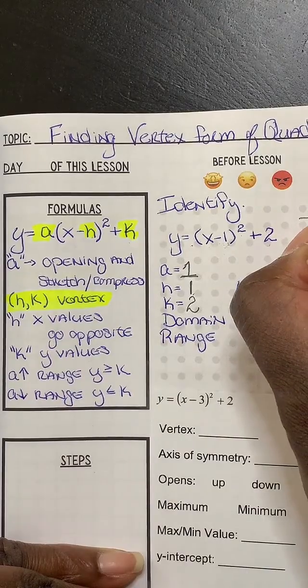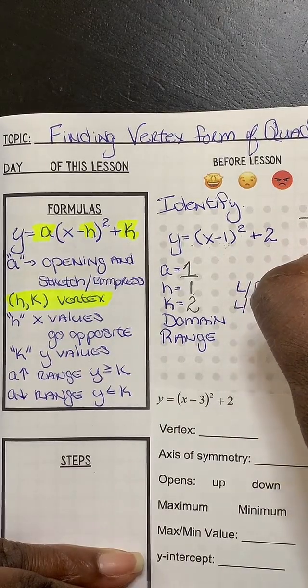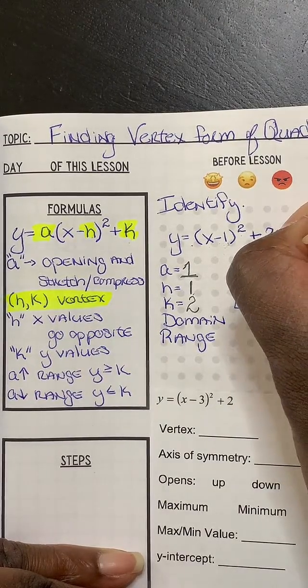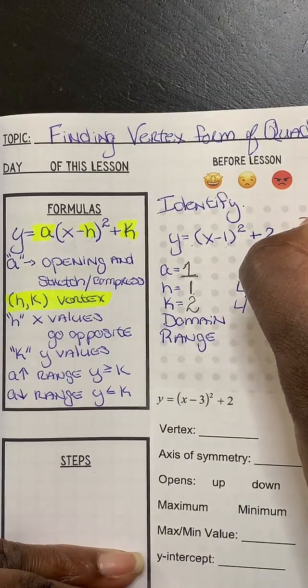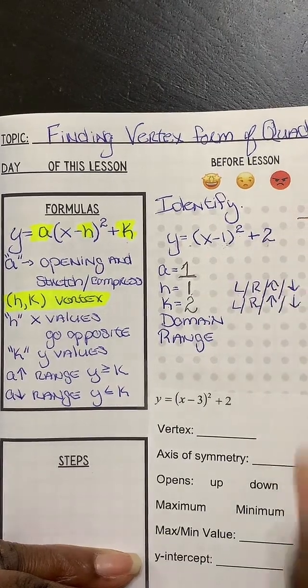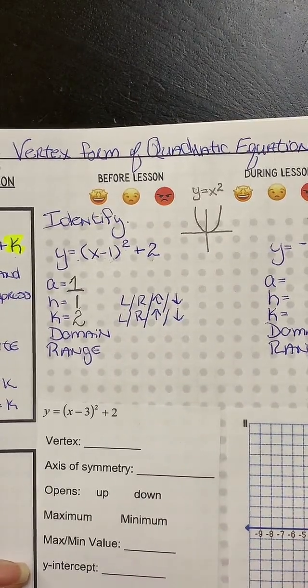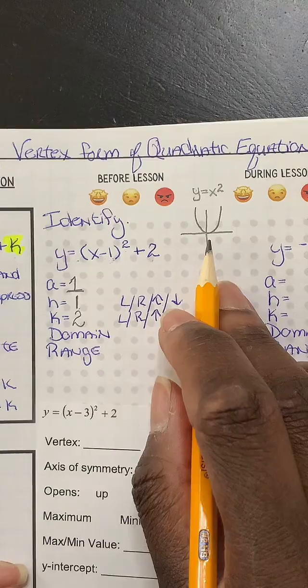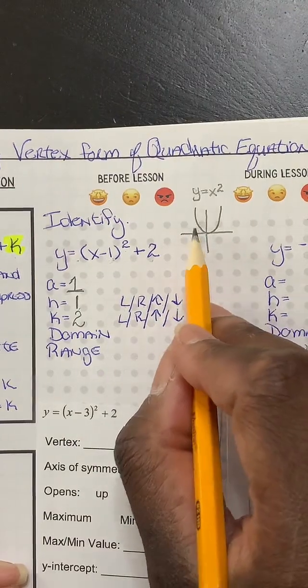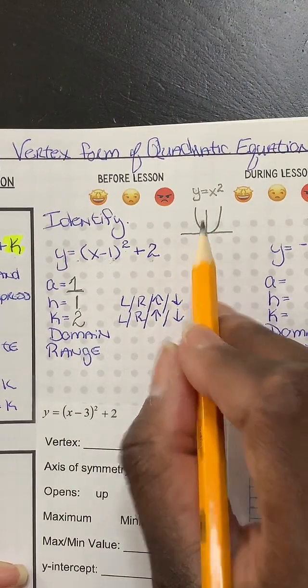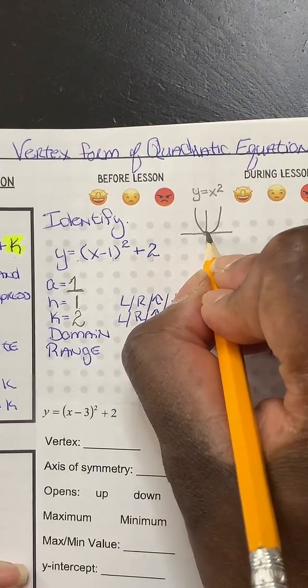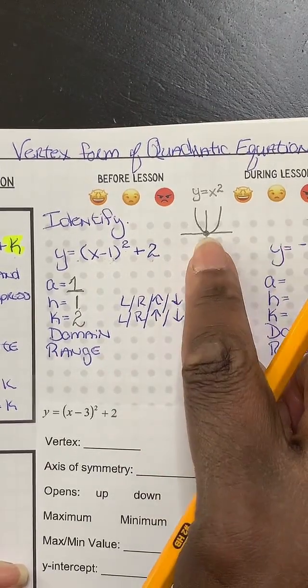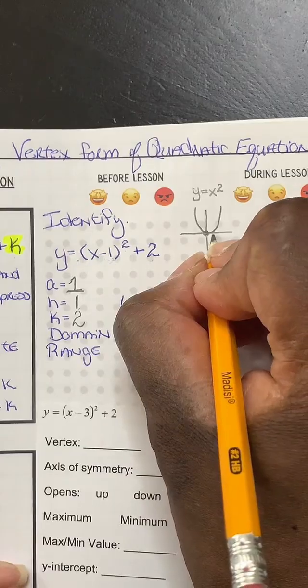When I look at a regular quadratic, y equals x squared, my vertex, remember we talked about that turning point, will always be at 0, 0.